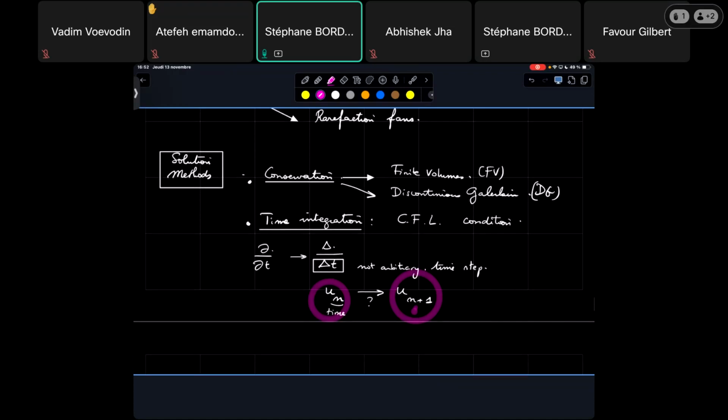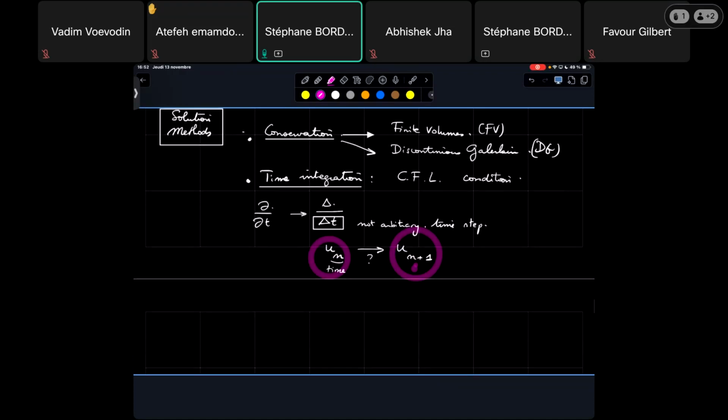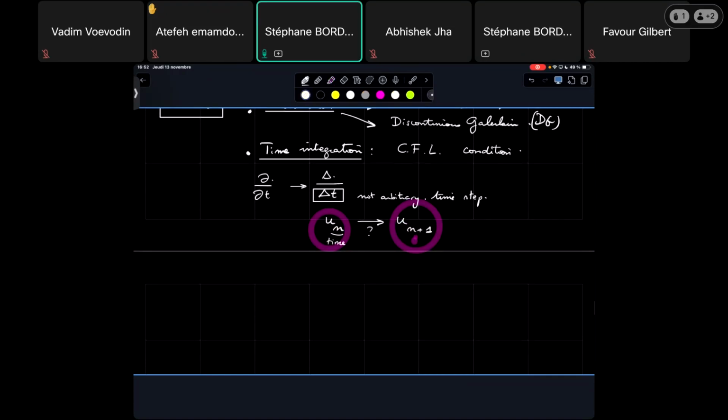So you can imagine, that's very trivial to imagine. If you make a mistake at time step n, you will inherit that at time step n plus 1, and because you cannot verify the equations at any time, you just march forward. There is no moment in the calculation where the residual is minimized. You just march forward in time. So what is going to happen? Well, you're going to start by fitting the solution very well.